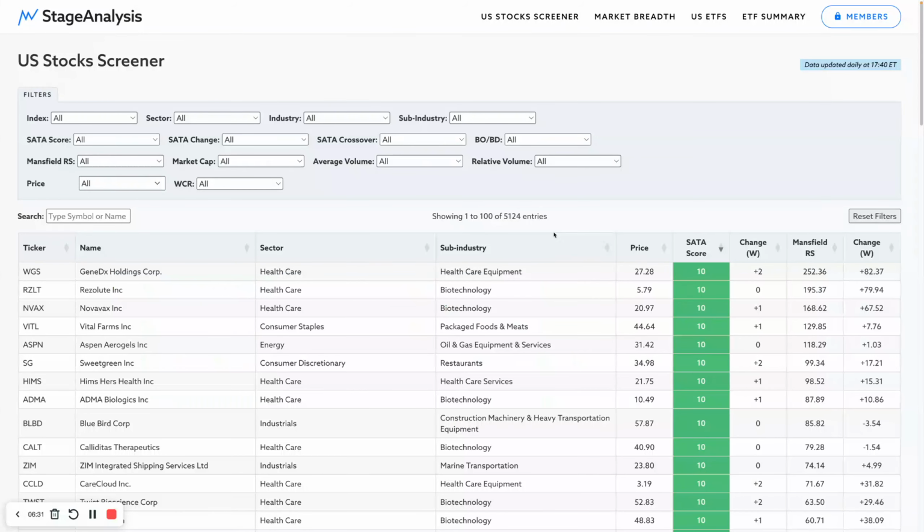If we go back into the screener, minor update here, just added a note when the data is updated. At the moment it's updated every day at 5:40 Eastern time, so it's changed around a little bit. More stocks have been added, it's made it a little bit slower, so I'm going to be trying to improve how long the calculations take.